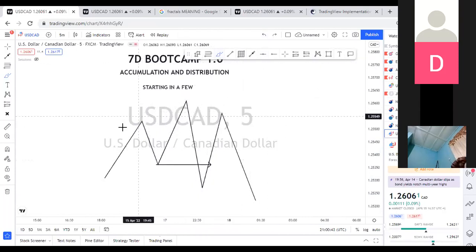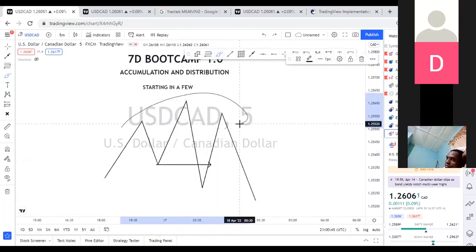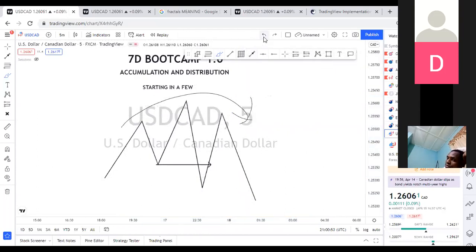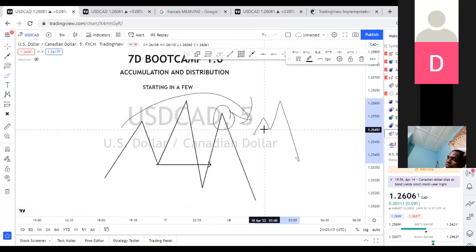So we know that this entire move right here is distribution, right? Now, when price is coming back here, since price is fractal in nature, and is now ready to continue shifting to the downside, it is important that we also get this same thing inside of this area, right? Higher high, higher low, higher high, break of structure.